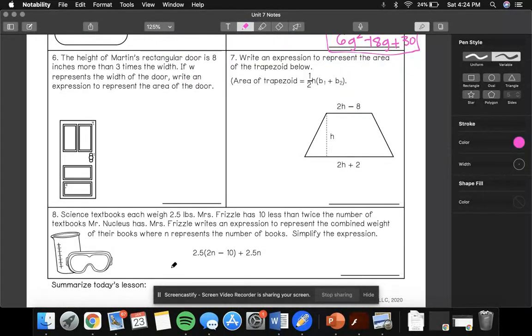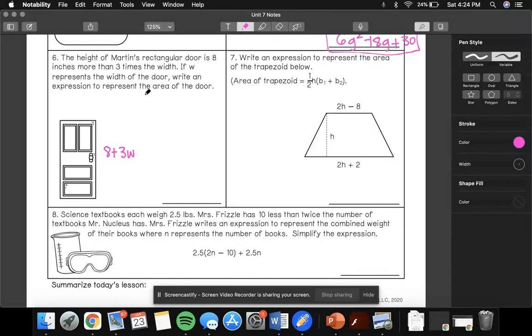The height of Martin's rectangular door is 8 inches more than 3 times the width. If W represents the width of the door, write an expression to represent the area of the door. Okay, so the height of Martin's rectangular door is 8 more than 3 times the width. Okay?